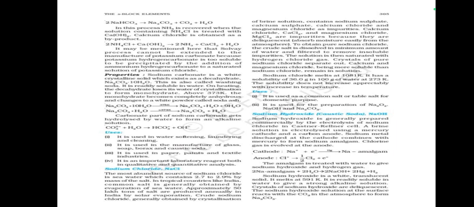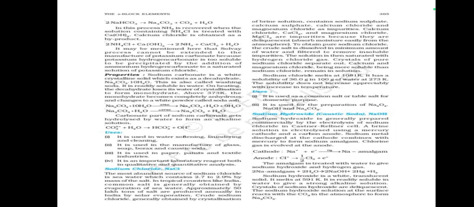It may be mentioned here that the Solvay process cannot be extended to the manufacture of potassium carbonate, because potassium hydrogen carbonate is too soluble to be precipitated by the addition of ammonium hydrogen carbonate to a saturated solution of potassium chloride.